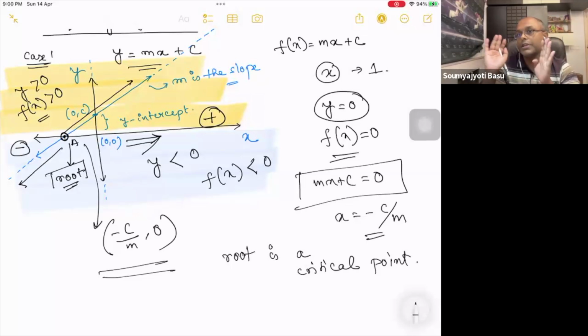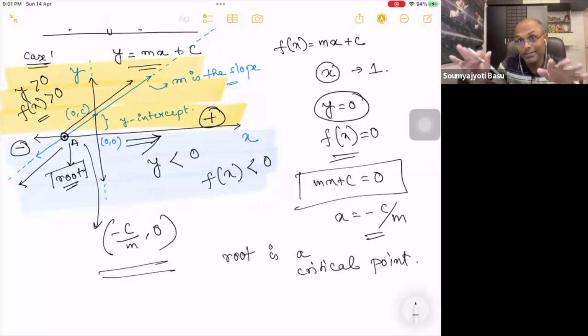Just keep this picture in mind. It would be very important to understand the technique that I would explain soon that we use to solve inequalities for functions. I hope you get the importance of the root, okay?